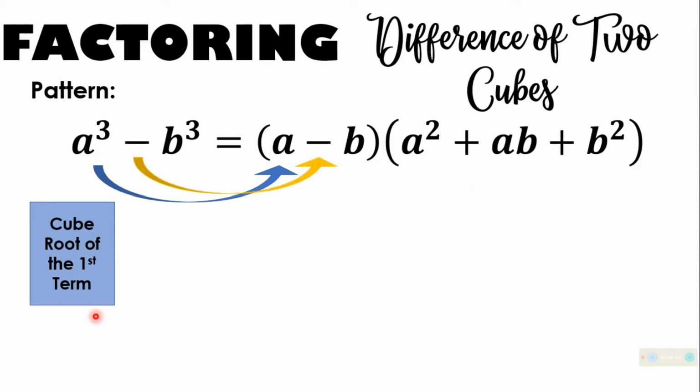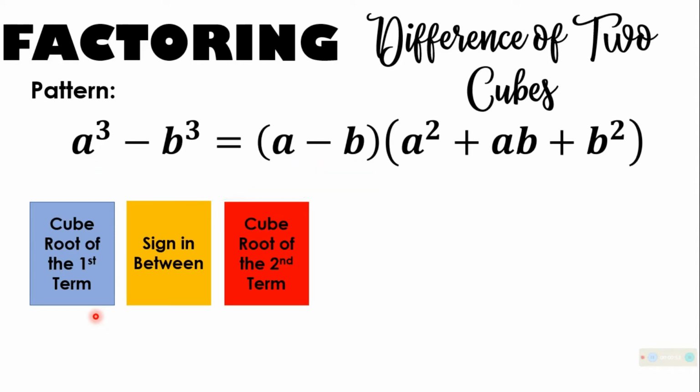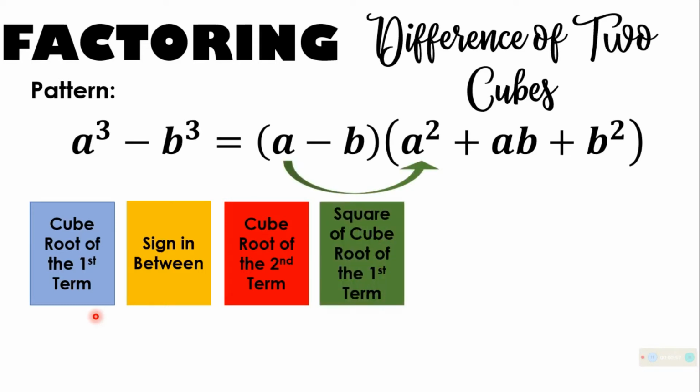Next, yung sign niya, copy. Then, we have cube root of the second term. So, that will be the first factor. Again, bawal magkamali dito sa first factor kasi automatically, magkakamali na rin kayo sa second factor. So, we have the square of the cube root of the first term. Then, opposite ng sign.